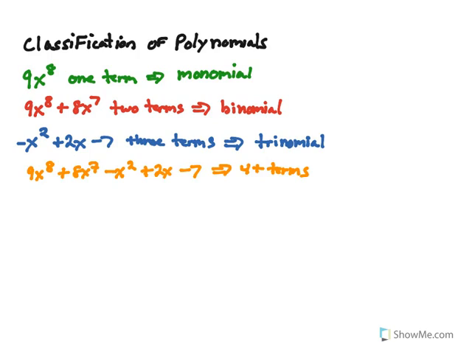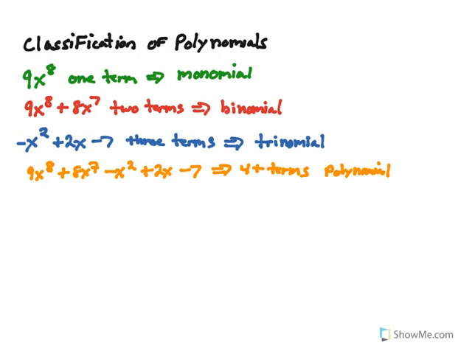Okay, so that will just be a polynomial, meaning many terms. So it becomes more generic once you go 4 and above. Okay, and I guess you could say a quadnomial, but we generally just say anything more than 3, it's a polynomial. 4 or more terms would be a polynomial, or a multi-term polynomial. Okay?